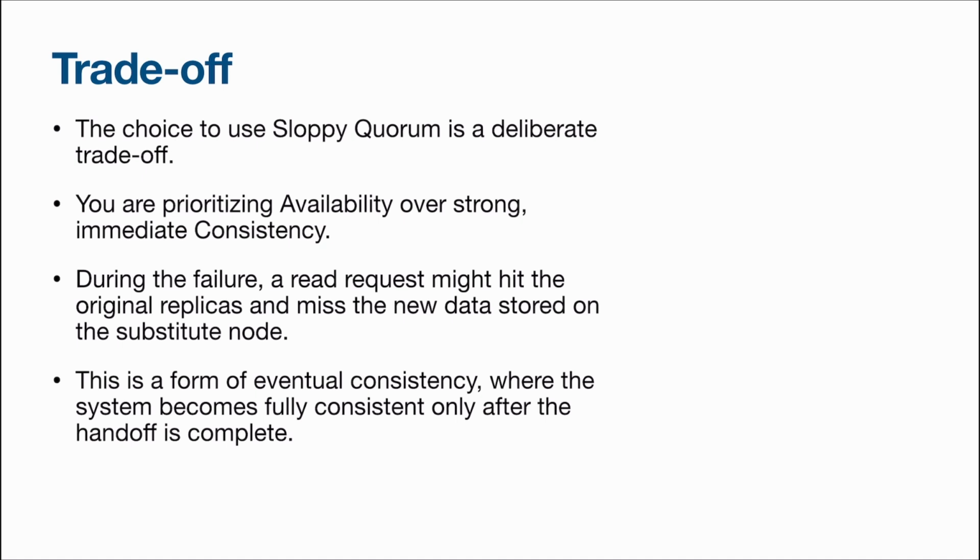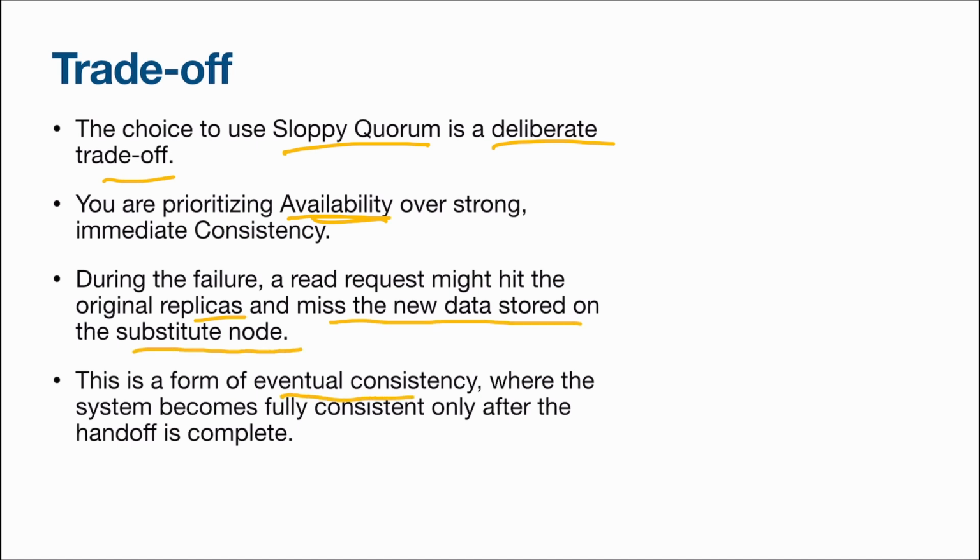So what's the trade-off? The sloppy quorum is a deliberate trade-off, and we are prioritizing availability. Because we could not proceed with the write request, we opted for this sloppy quorum strategy, so that if any other server can accept the write, we allow that to happen and unblock the write request. During a failure, the read request may hit the original replicas and miss the new data stored on the substitute node.